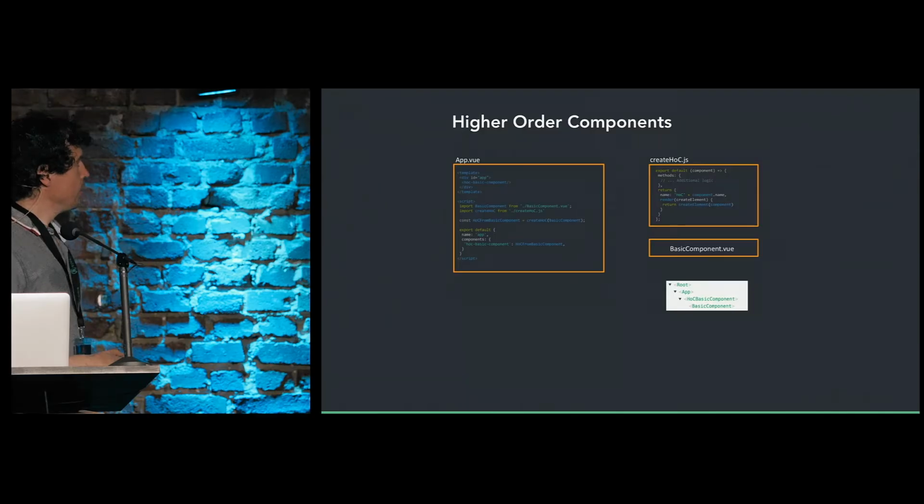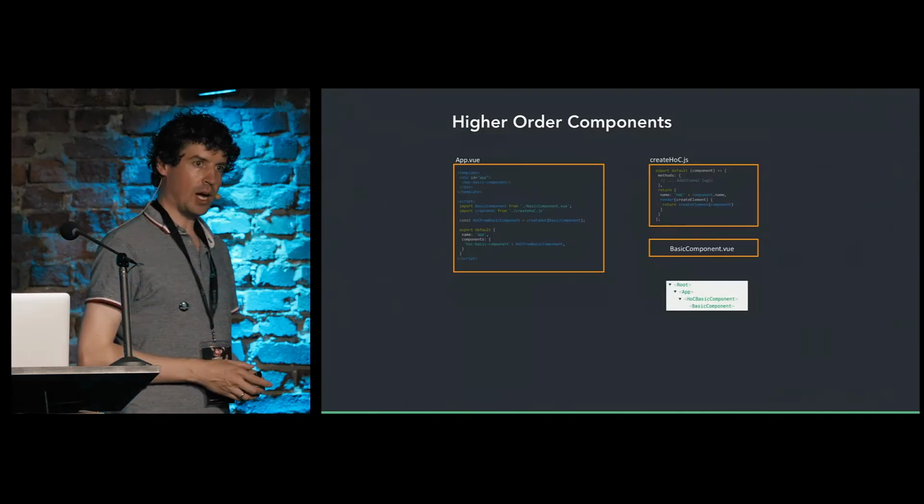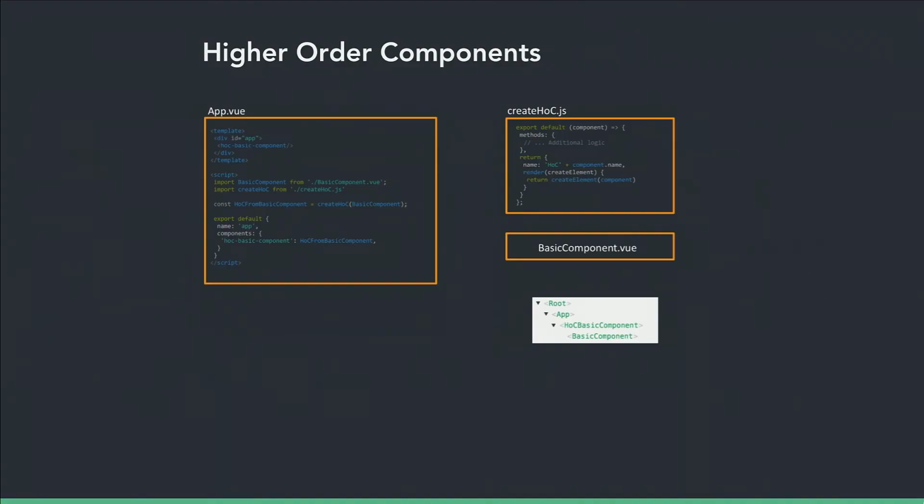But let's move to another subject first. This is not part of the API, but it's a pattern for how you could extend one component without using mixins. Another way is to use higher order components.